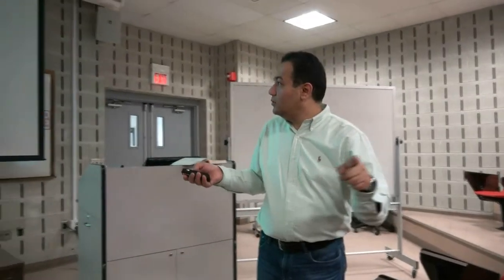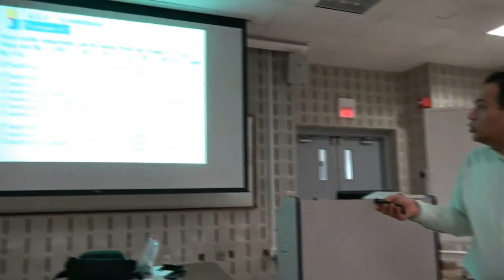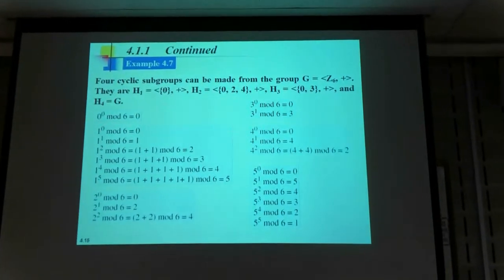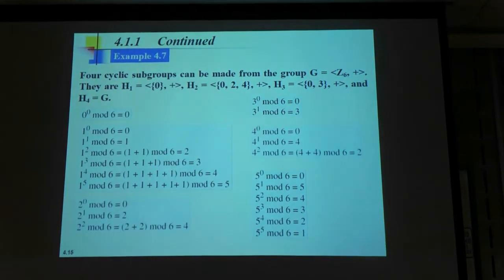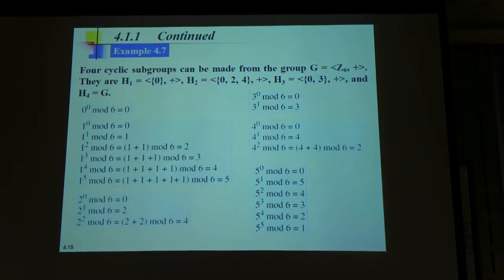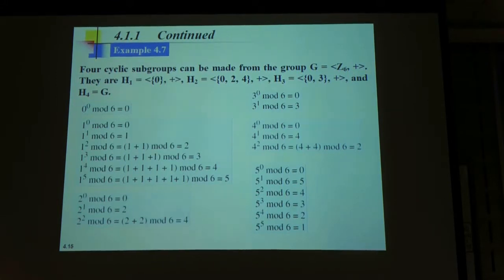So the generator generates the whole group. Let's go back. So which ones generate the whole group? 1 and 5. What do we call 1? A generator member. What do we call 5? A generator member. Why? Because it has generated the whole group, the whole set.